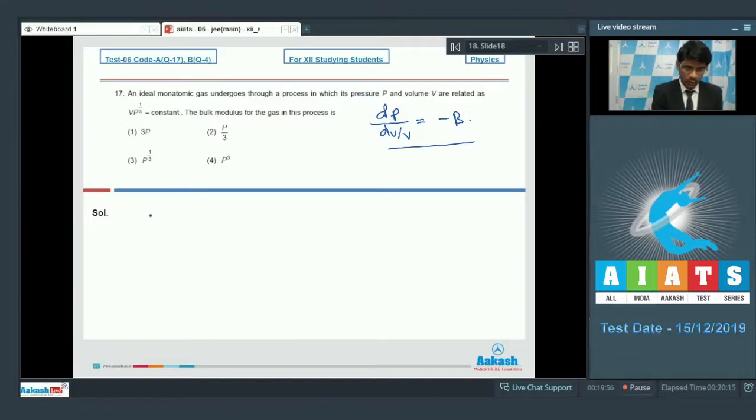Well, let us write down V P to the power 1 by 3 is equal to constant.